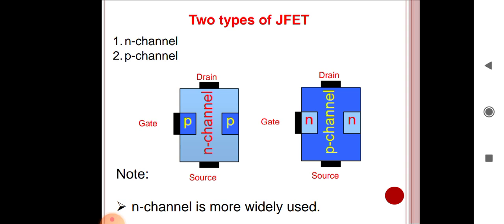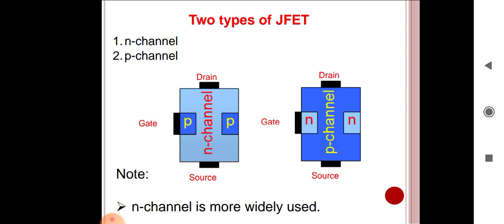These are the types, as I said, N channel and P channel JFET. In the N channel JFET, a large cross-sectional area is made up of N-type semiconductor, which is called the N channel, and two slices of P-type semiconductor are mounted on it.